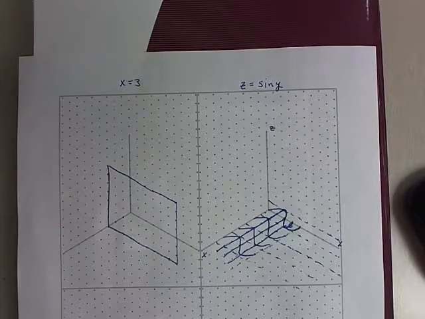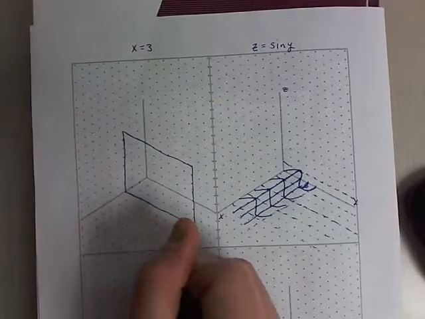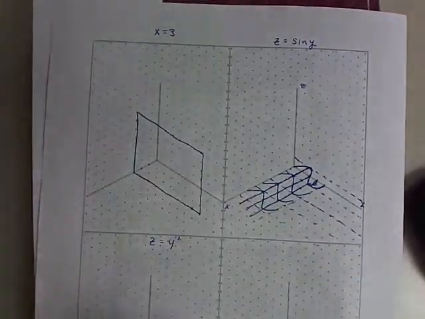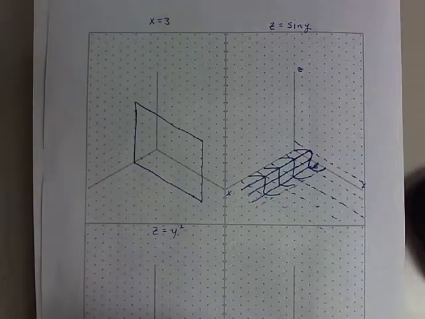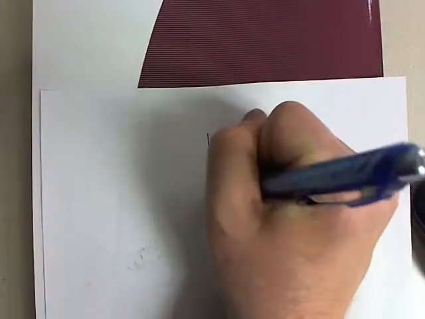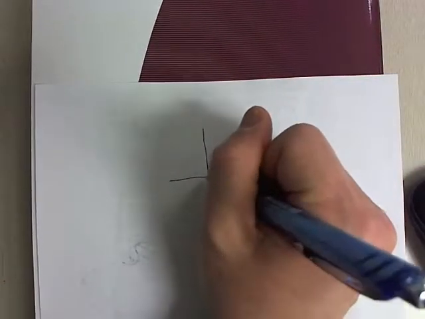Let's think about this one. Let's think about z equals y squared. And let's think about how that might look. Now we know in 2 space how that's going to look. That's just a parabola. If we were dealing with the x and the y axis, it would just look like this.